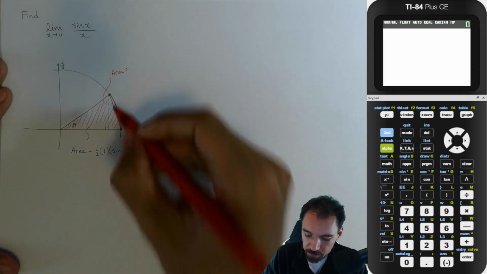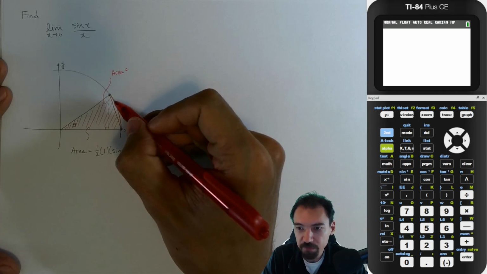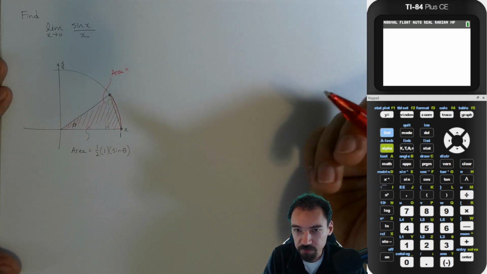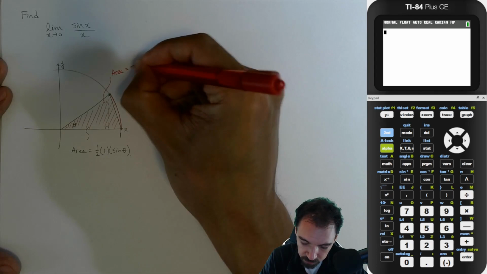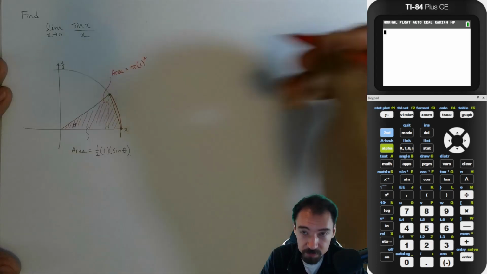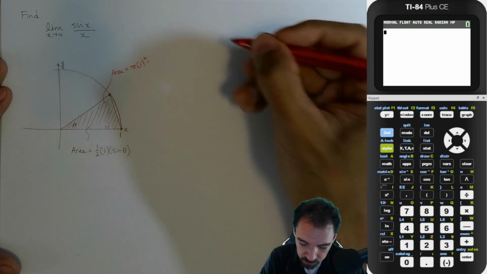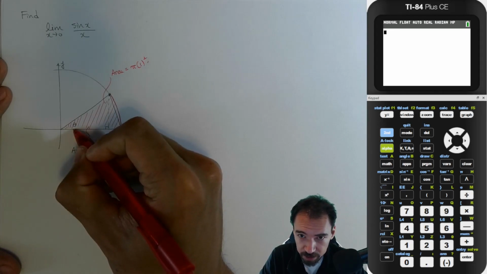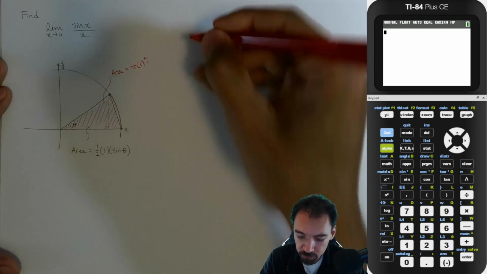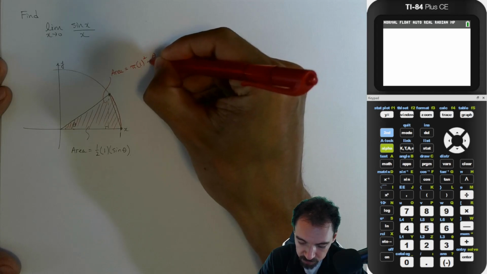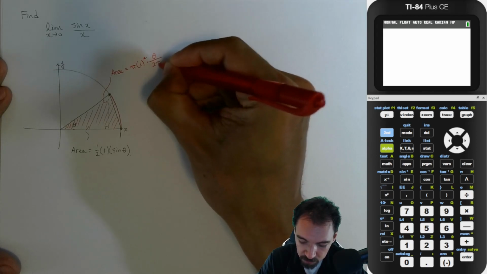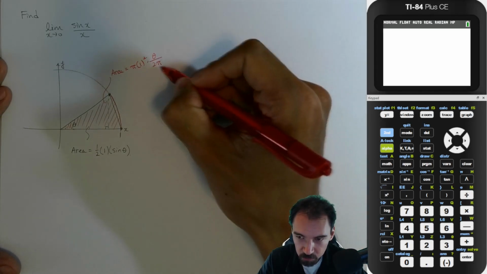Okay. I'm going to take this pizza slice to be a fraction of the full area of the circle. So the full area of the circle is pi r squared, which is pi times 1 squared. And what fraction do I have? I have that much angle out of the full angle at the middle of the circle. So it's theta out of 2 pi radians.